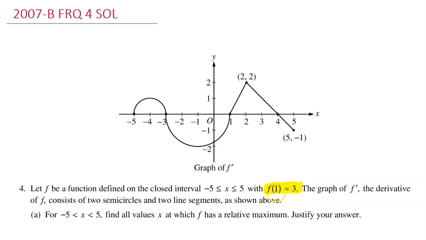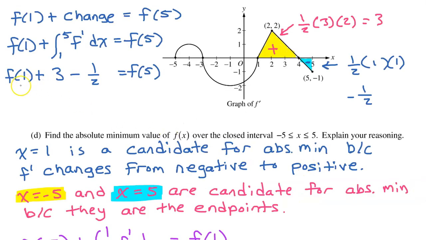We already know that f at 1 is equal to 3, so let's go ahead and make that substitution. So we have 3 plus 3 minus 1/2 is equal to f of 5. So let's see, this is 6 minus 1/2, so that's 5.5, which is the same thing as 9/2.